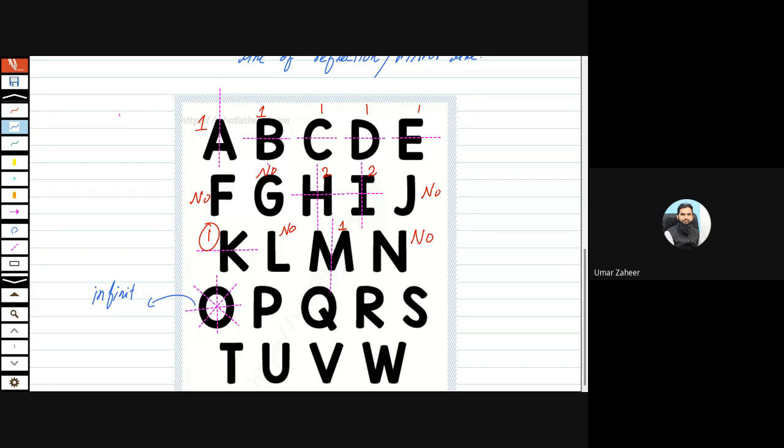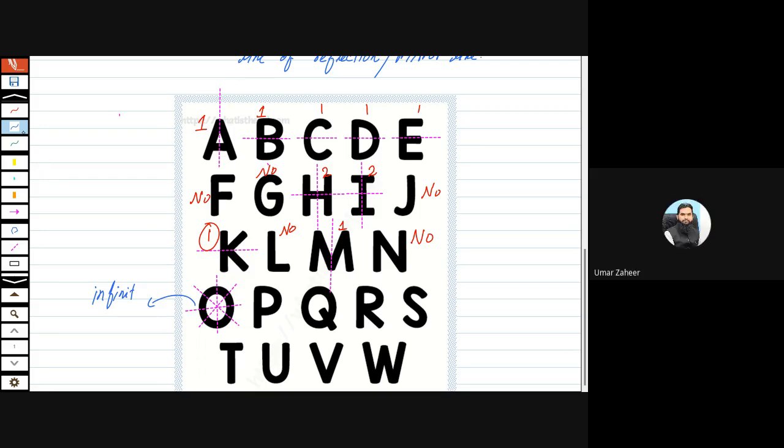Yes, how many lines of symmetry in P? There is no line of symmetry in P. P has none, it doesn't have any symmetry line.